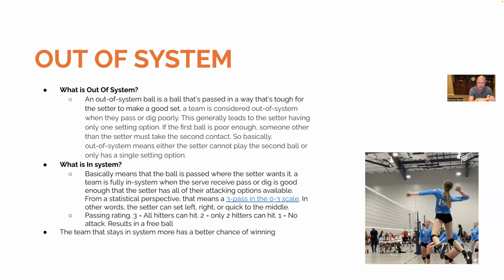A three means all hitters can hit. A two means only two hitters can hit, typically pin hitters. And a one means there's just no attack. It's a free ball. So the setter can set left, right, or quick to the middle. That's a three pass.